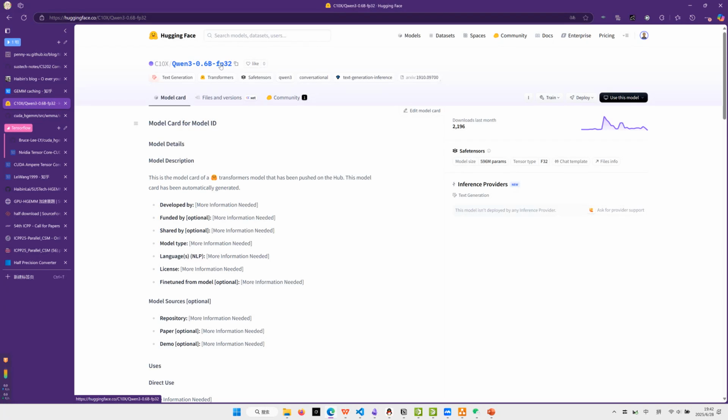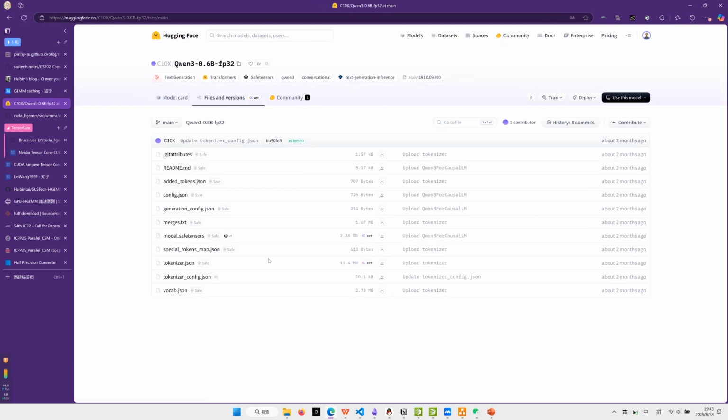FP32 is 4 bytes, so it costs 4 times 0.6 billion, which equals 2.4 gigabytes. Let's see the file to check if we are right. This is the model safetensors. You can see this is 2.38 gigabytes, which is close, because of the binary representation. So this is how much the model would occupy in memory.